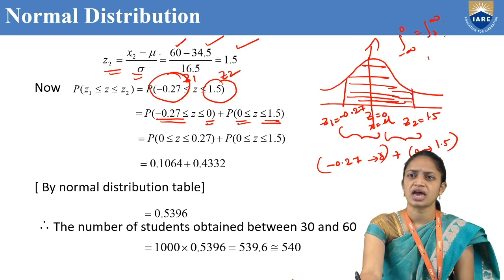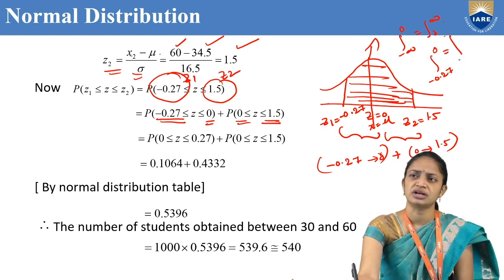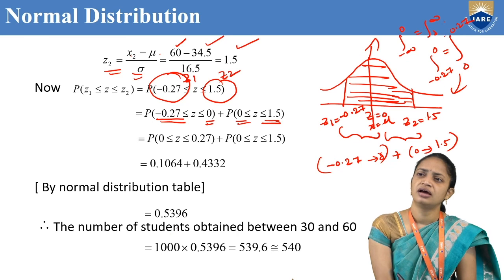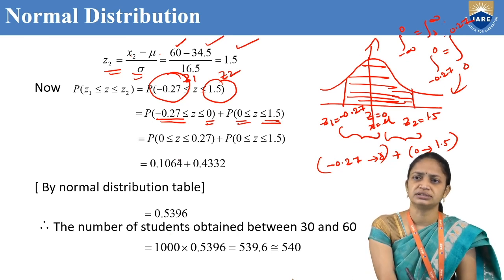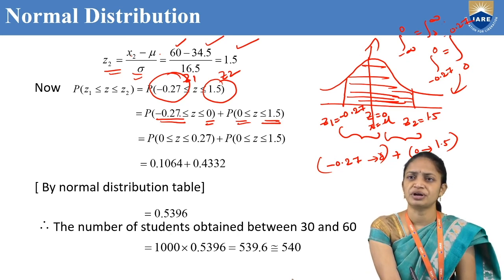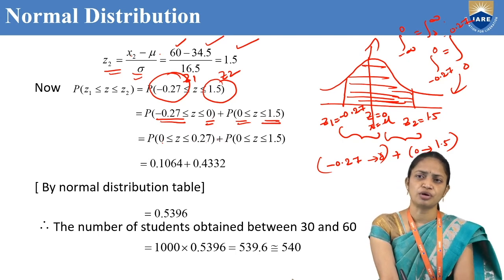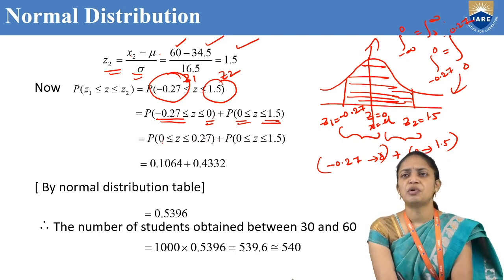Like that, here we have minus 0.27. The integration over minus 0.27 to 0 we have to convert into 0 to 0.27, because the normal curve is symmetric. We need to convert to positive because in the normal distribution table we have only positive values.